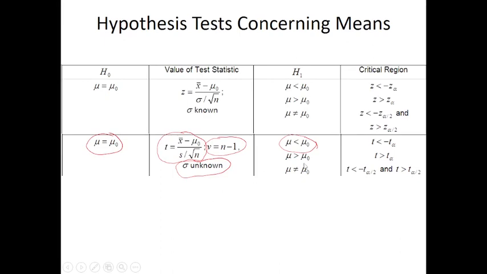Okay, that's it. So then this will be the critical region, t less than negative t sub alpha. So that will be the critical region. Area to the left of the graph, no?